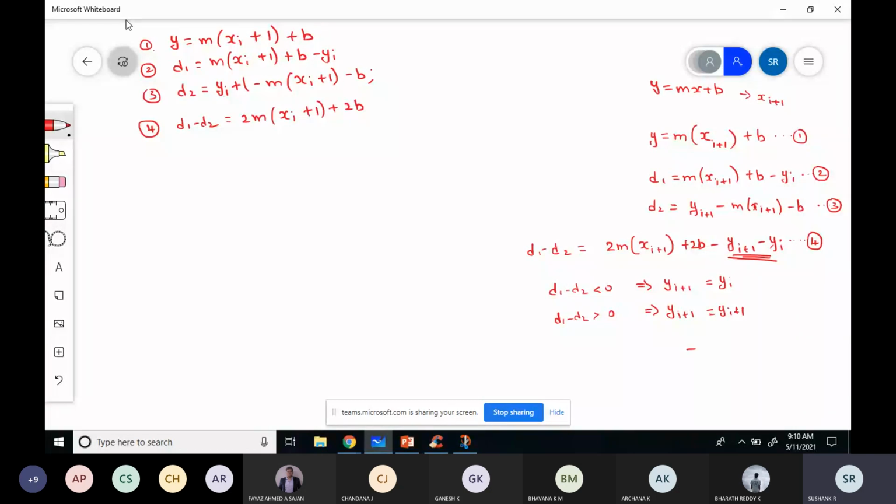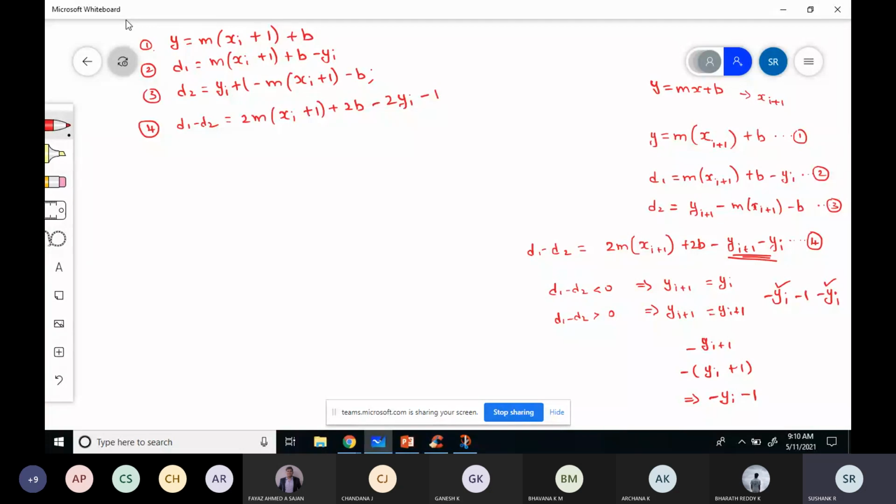Minus y of i plus 1 can be written as minus yi plus 1. So it will become minus yi minus 1. Now minus yi minus 1 minus yi, these two are like terms. If I add them, I will get minus 2 times yi minus 1.